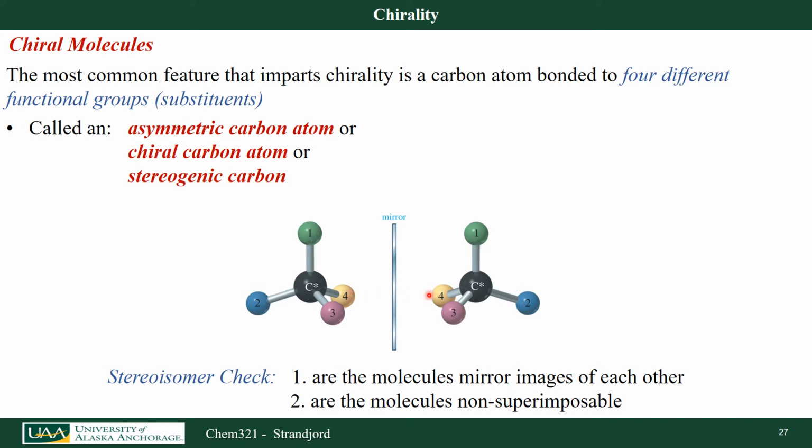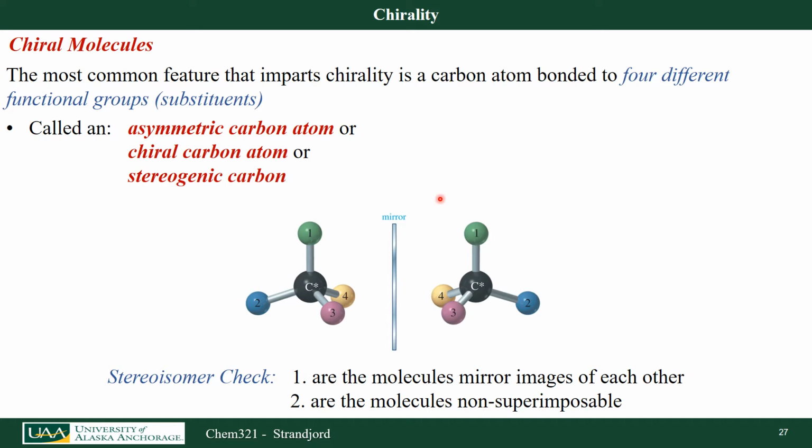But the 4, when I slide it over, is superimposable onto the 2, and the 2 would be superimposable on the 4, so they're not the same. So this would be considered a chiral molecule. These two molecules are non-superimposable mirror images of each other. Therefore, they're chiral molecules. They're stereoisomers of each other.